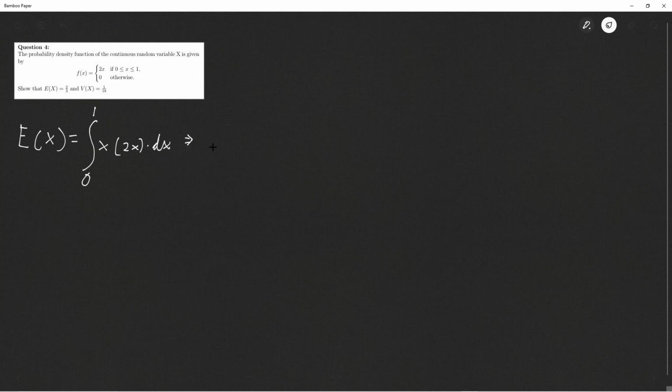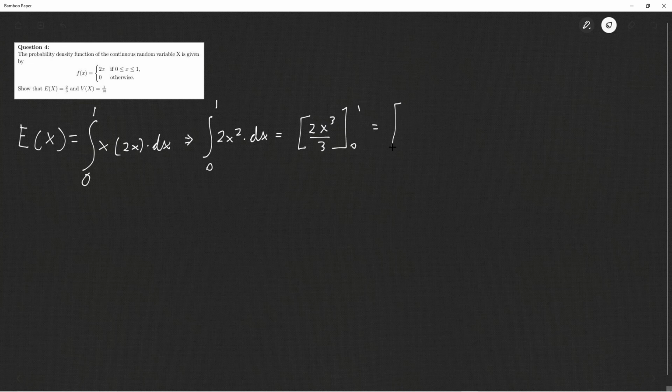So following this will just become the integral from 0 to 1 of 2x squared multiplied by dx, which will be equal to 2x cubed divided by 3 from 0 to 1.